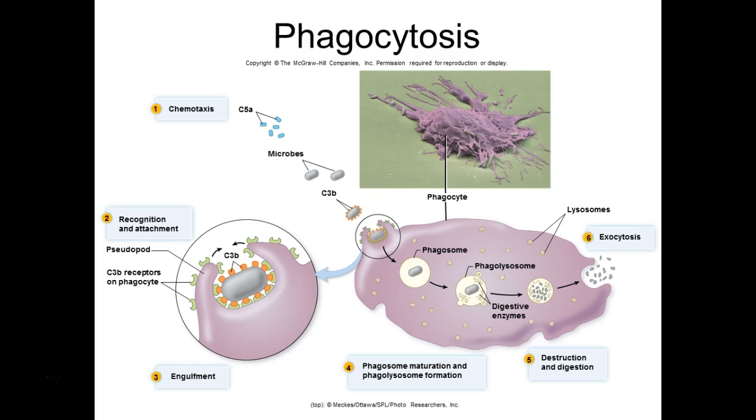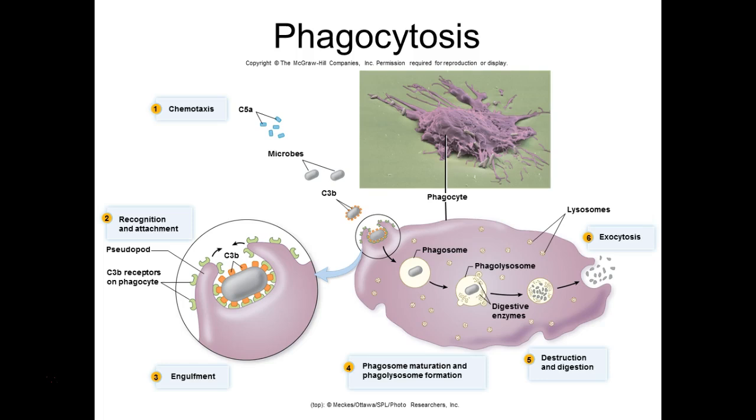The next step is actually physically grabbing onto, attaching, recognizing, right? So these receptors that grab on actually only bind to certain things. So in this example, they're the receptors for C3b. So they're grabbing on to C3b, that this cell has been coated in.